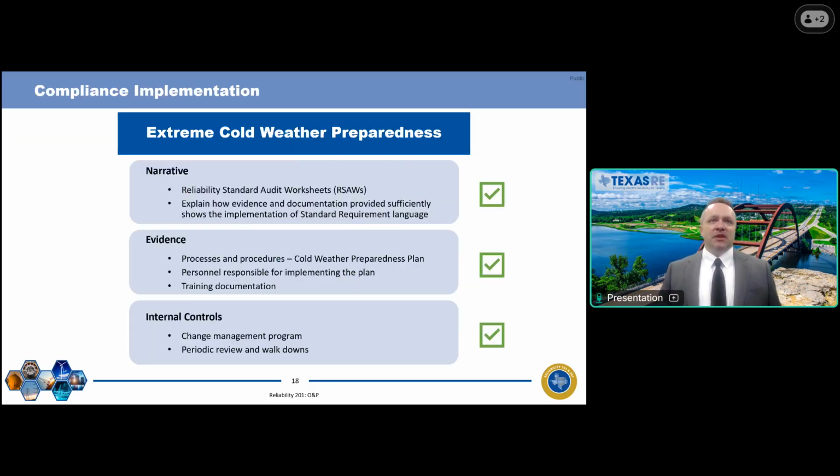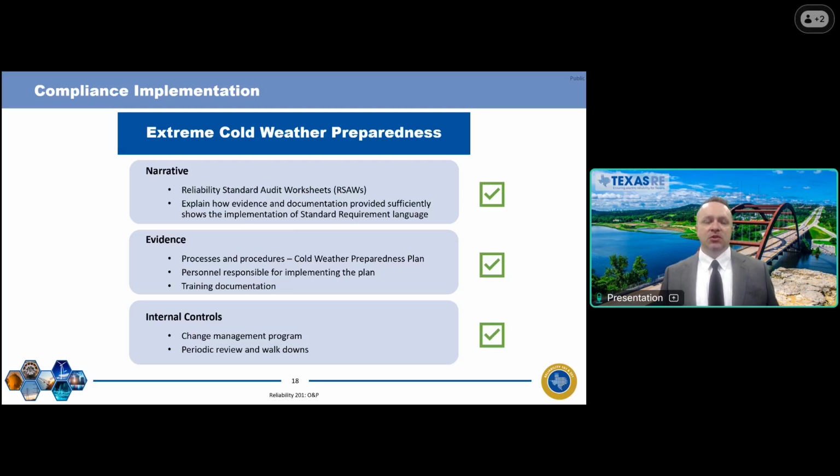For compliance implementation, again, the RSAW has a lot of good information. Please look into that to help explain how you can ensure that your documentation is sufficiently showing the implementation of the standard requirement language, with your processes and procedures, specifically your cold weather plan. Again, we're going to ask you who is responsible for implementing this cold weather plan.